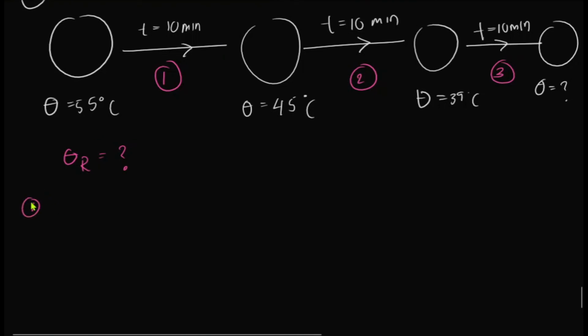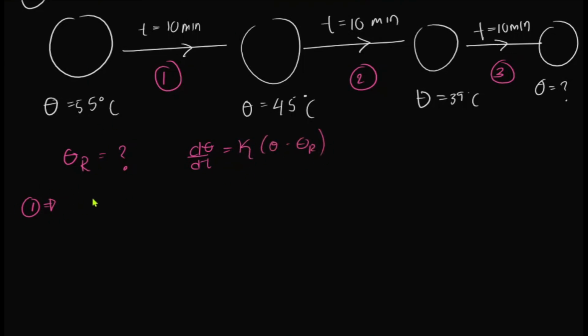I'll consider the first cooling process. We apply d theta over dt equals k times theta minus theta r.